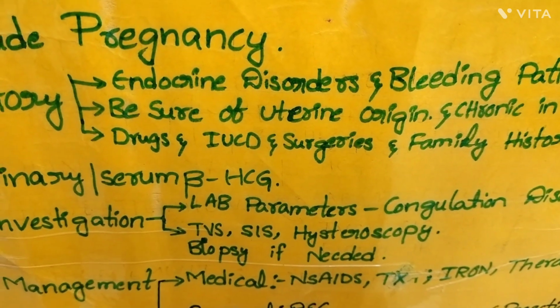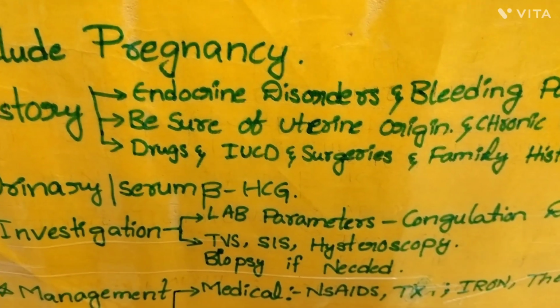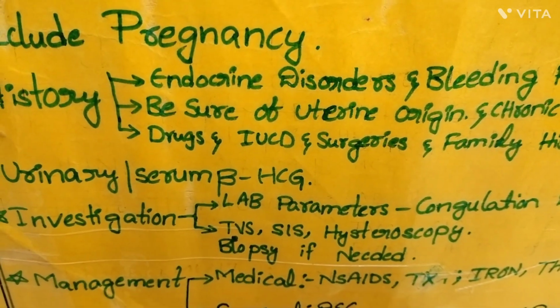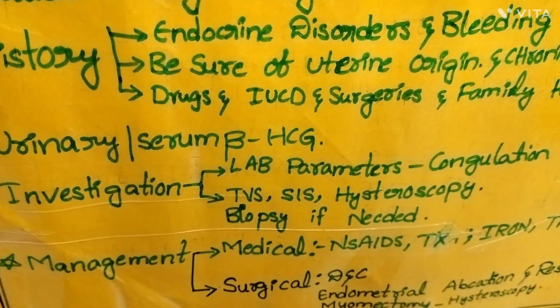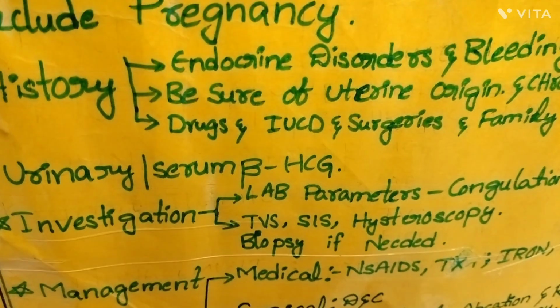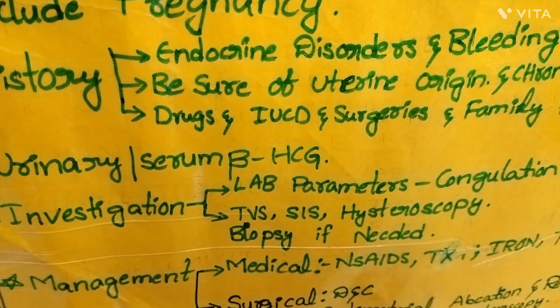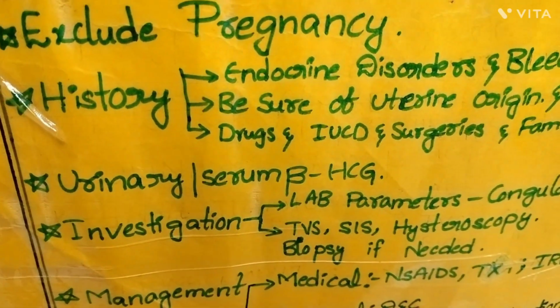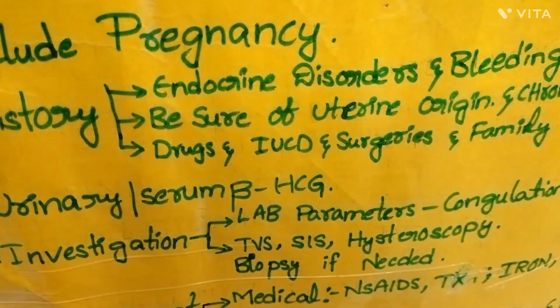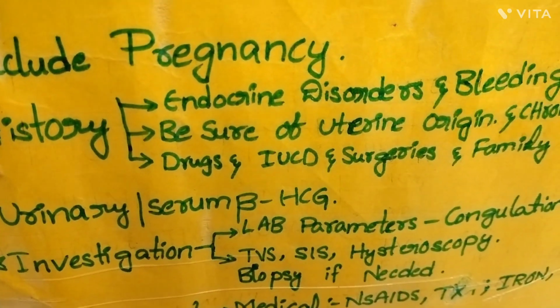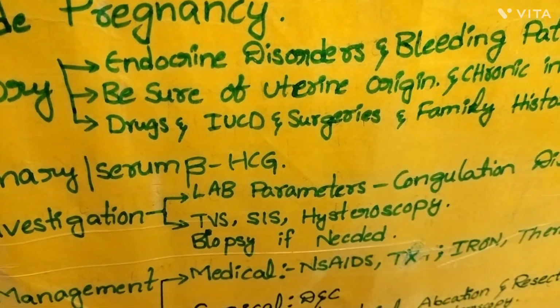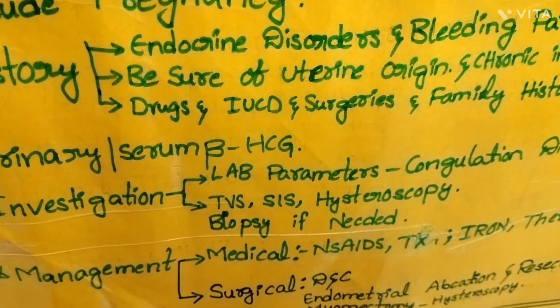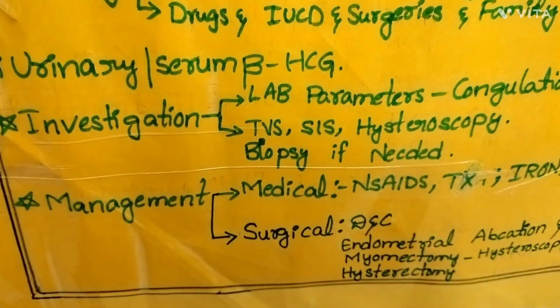Whether any abnormal pathology is present, or any fibroid or polyp is there, we need to rule out. Next thing, if there is a biopsy, we can also go with hysteroscopic polypectomy at the same time. We can perform a diagnostic and we can also treat as well. If there is a polyp, we can go for the polypectomy. If there is endometrial hyperplasia under vision, we can go for the endometrial biopsy if needed.